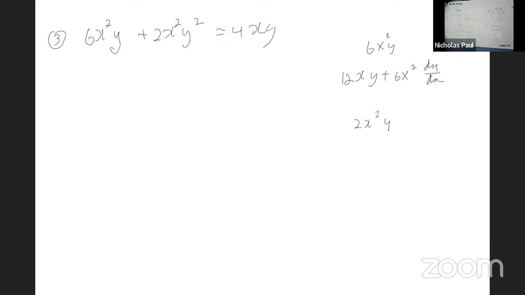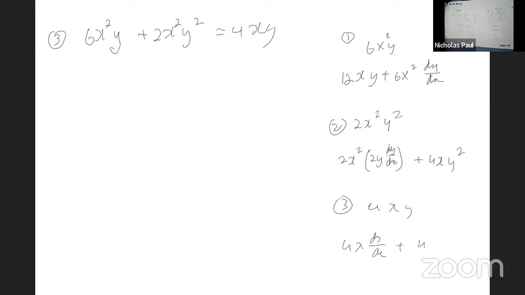When you differentiate that, you'll get 2x squared by 2y dy/dx plus 4xy squared. Okay, so there's the first part. Second part, third product rule is 4xy. So that's 4x dy/dx plus 4y. Check and see if we have the three parts, right?